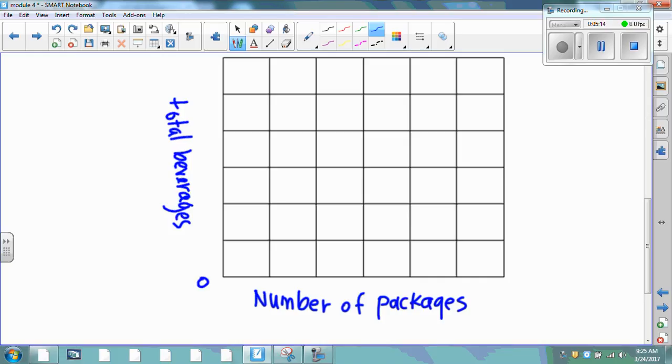Okay, so this is 0. We know our number of packages, we counted by what? So 1, 2, 3, 4, 5, and if we want to use that last one, 6. Okay? I need to put my title down.